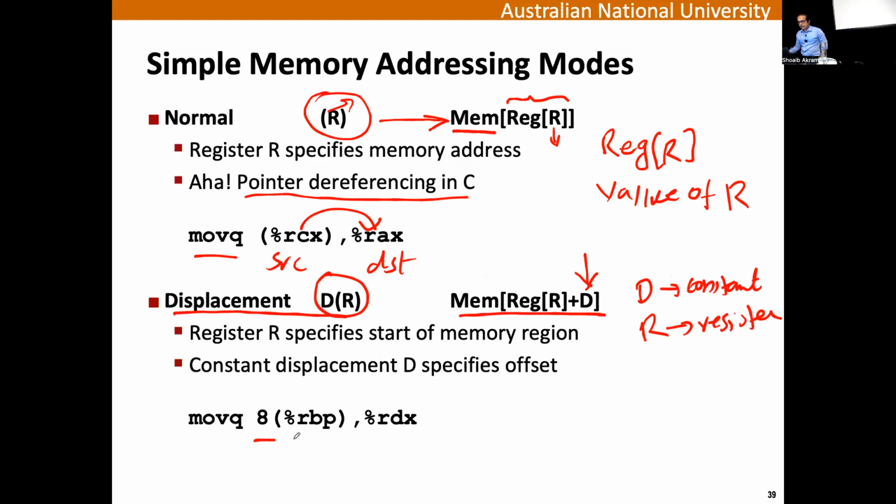So this example here means whatever is stored in RBP, add 8 and go to that memory location and bring that data into RDX. So it's the same as a normal mode, but you're adding a displacement. When is it useful? Someone else.